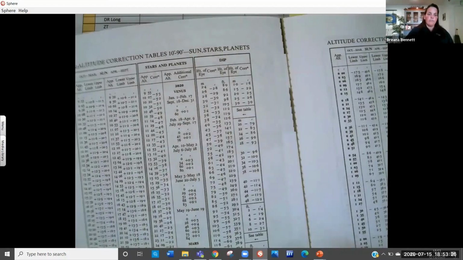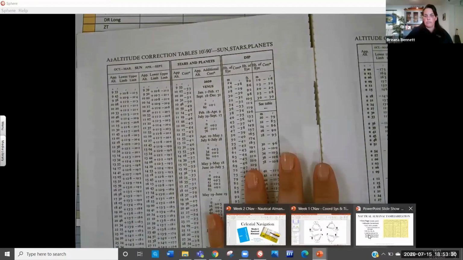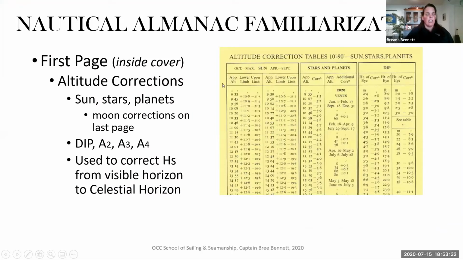Okay. So the first page has altitude corrections. These are the corrections that we are going to use to fine tune our sextant reading. We use it for stars, sun, planets. The moon corrections are actually on the last page.